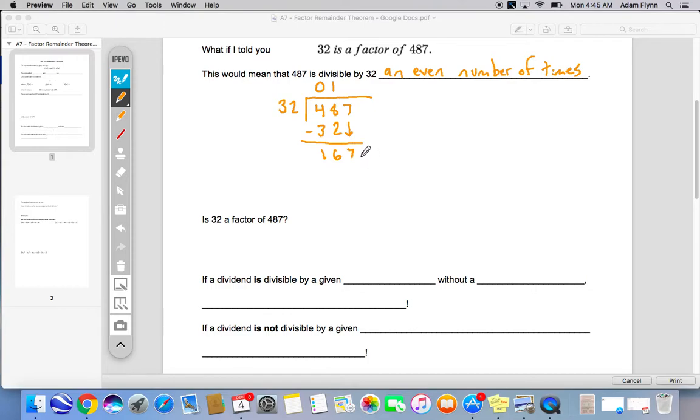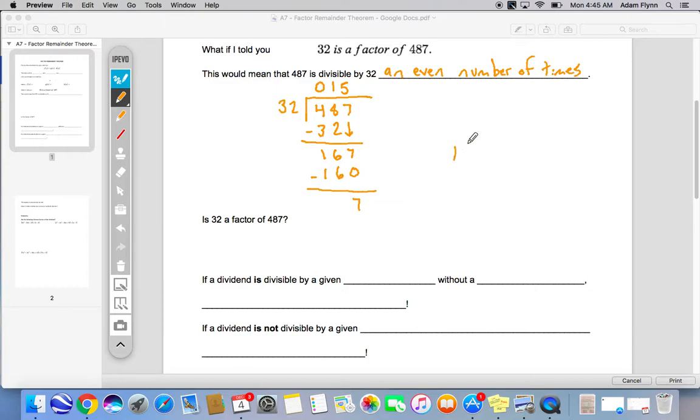Okay. Now how many times does 32 go into 167? That would be 5 times. 32 times 5 is 160. I'm subtracting it. So I get a remainder of 7.